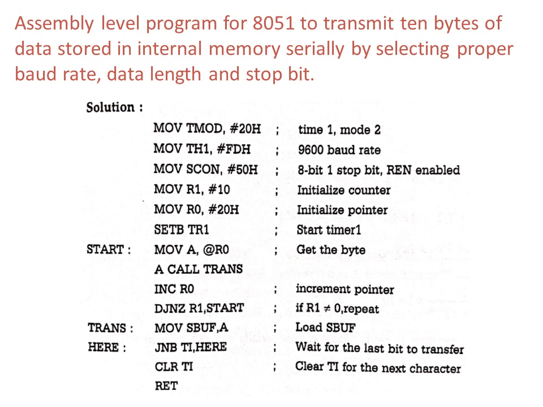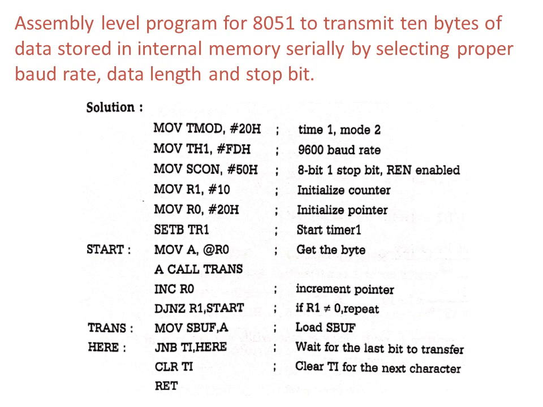In start, what we have is next at R0, value now it is 21h. Whatever you have at 21h is copied to accumulator, and then the same process: it calls TRANS, the subroutine there, it will be copied to serial buffer and transmission takes place, and waits till the TI flag sets.